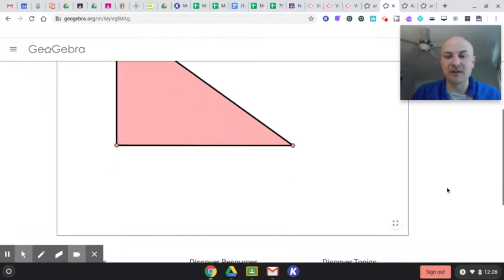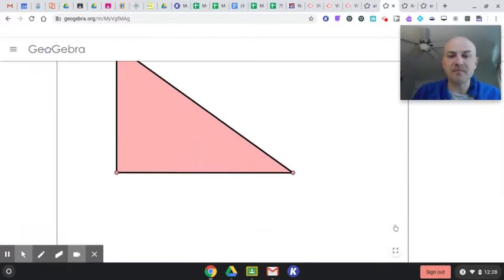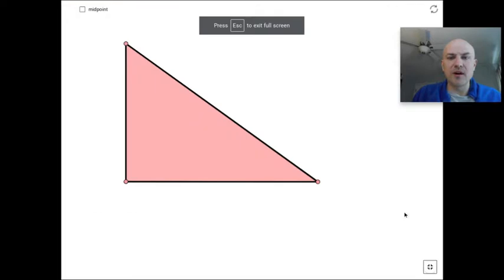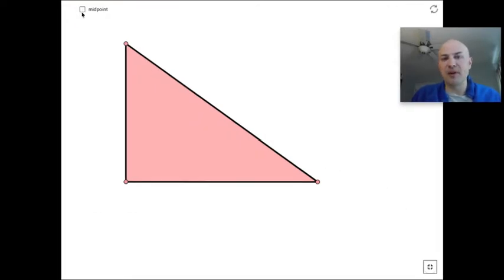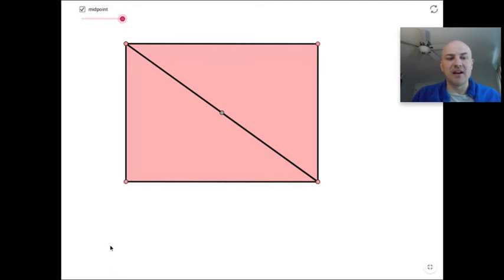So check this out. I'm going to make this nice and big. In this one, what do we do? Well, if I look at the midpoint on this triangle right there, I can rotate and I can get double the amount here. So again, we get a rectangle, and we say, well, a triangle is half of a rectangle.